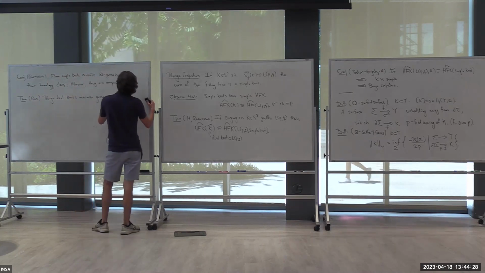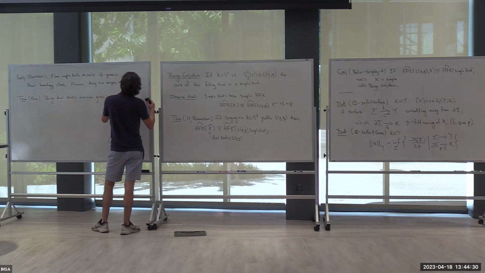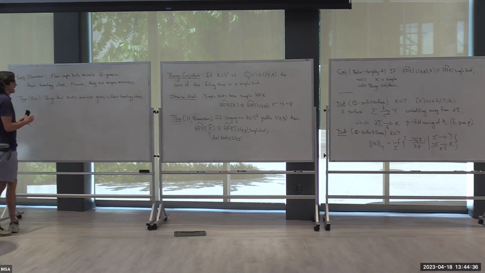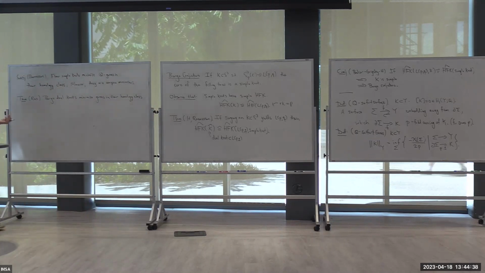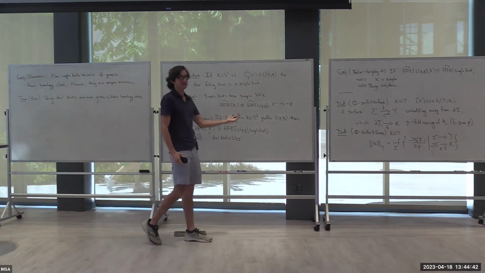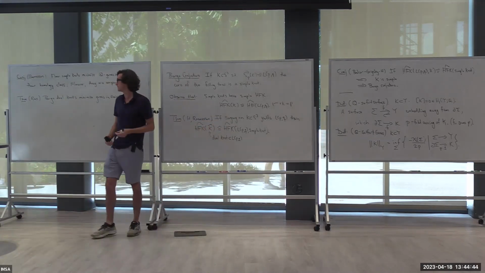So this was kind of what motivated him. And more generally, he proved that a Floer simple knot minimizes genus in its homology class if its rational genus is less than or equal to half.